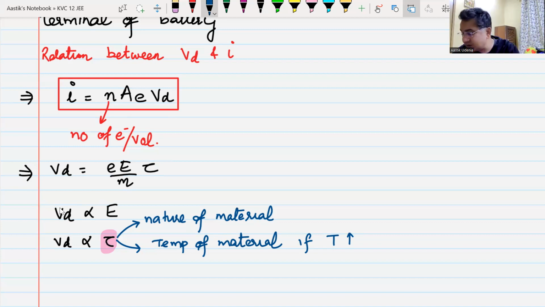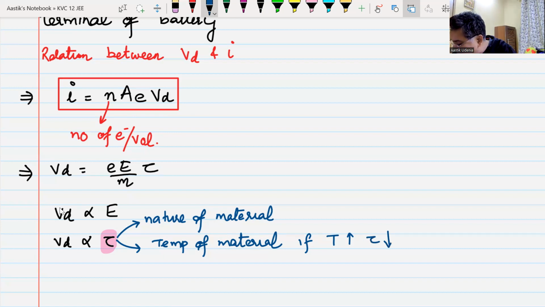Will time between collisions become more, or will it become less? When temperature rises, the electrons will move faster and therefore they will collide faster. Yes or no? Yes, sir.